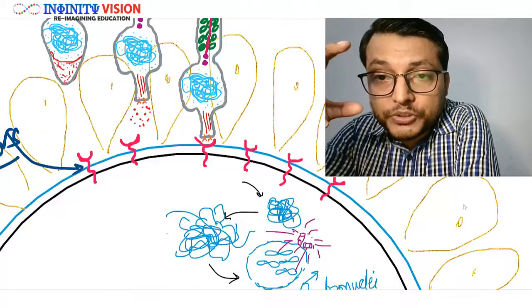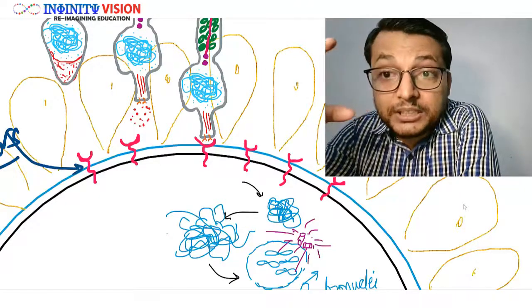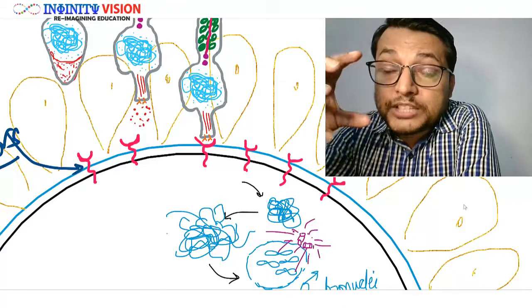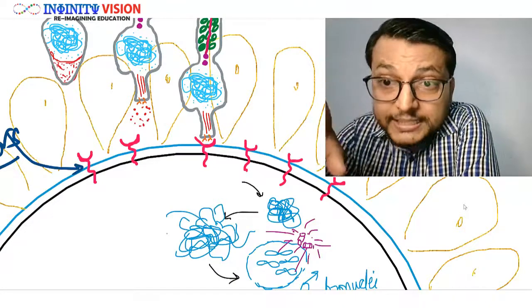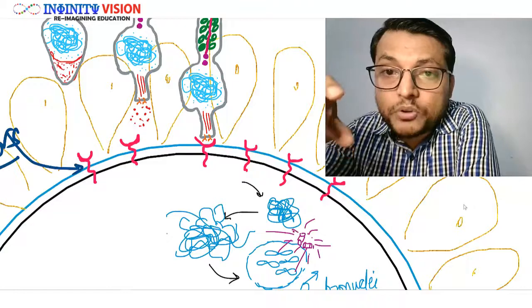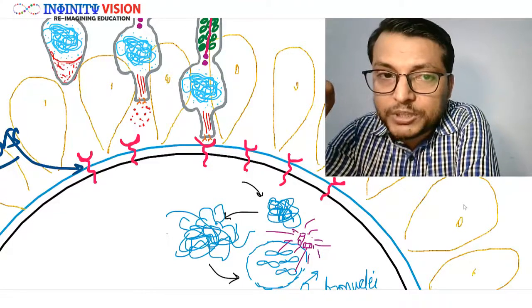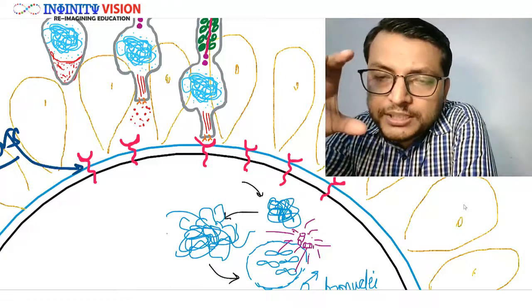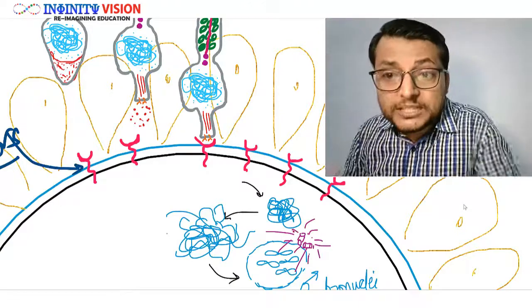These two receptors are going to interact with each other, and this interaction is the basis of inbreeding in a species. Okay, so this interaction is similar to the pollen pistil interaction.